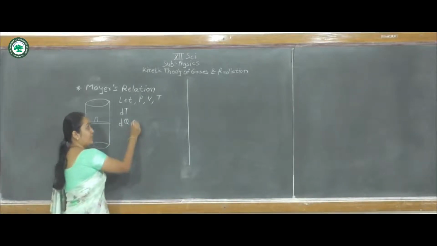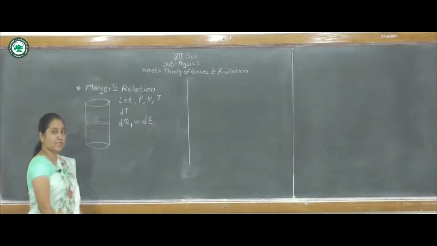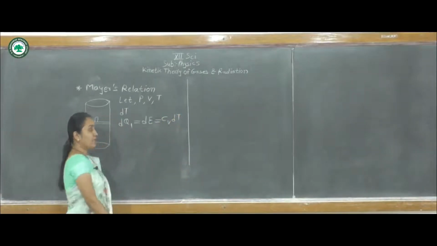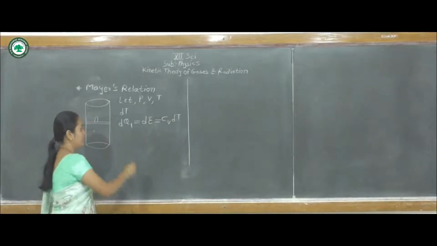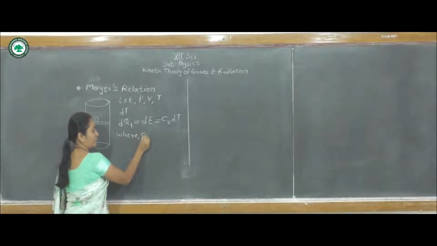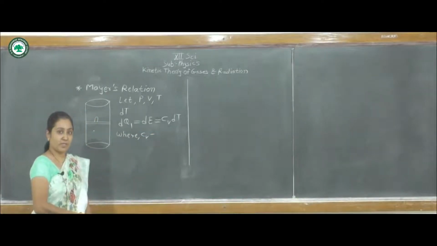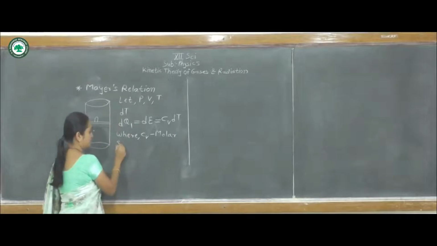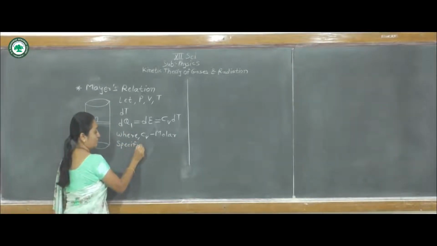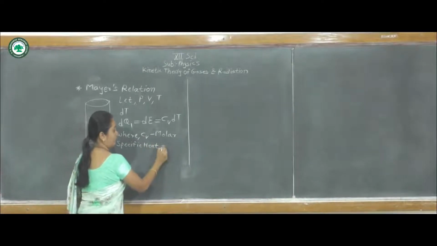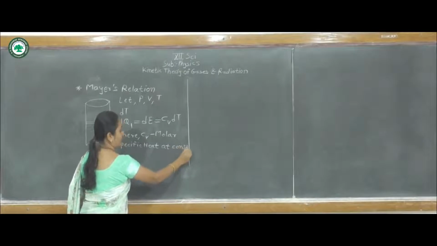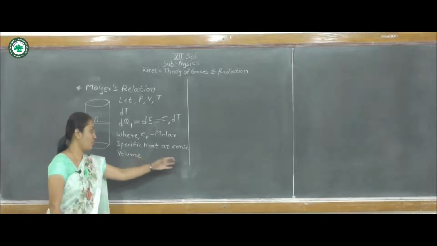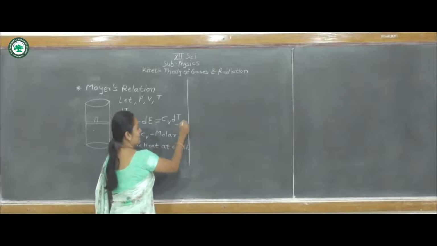So this dQ1 is equal to the internal energy of the gas dE, which is equal to Cv dT, where Cv is the molar specific heat of gas at constant volume. We can say this is equation 1.